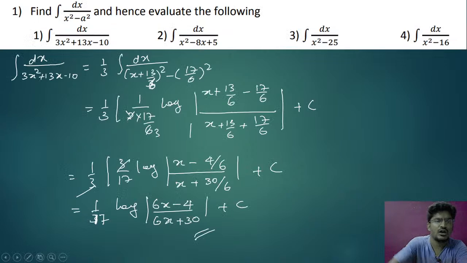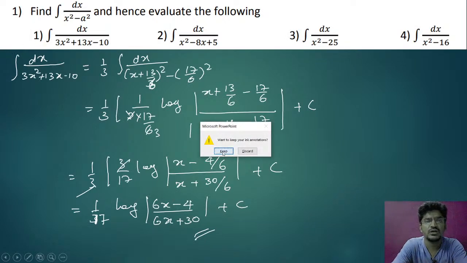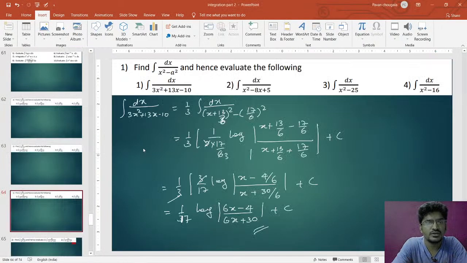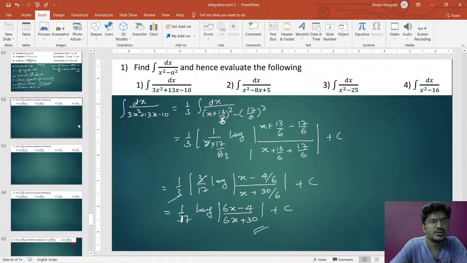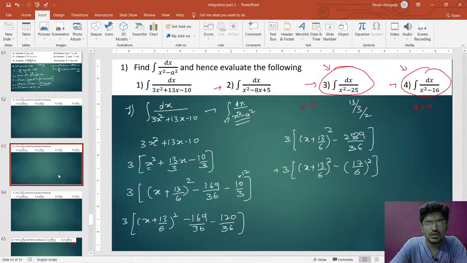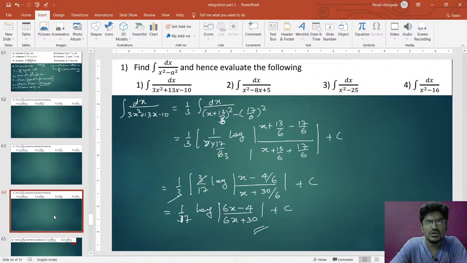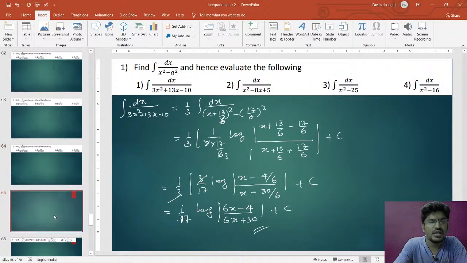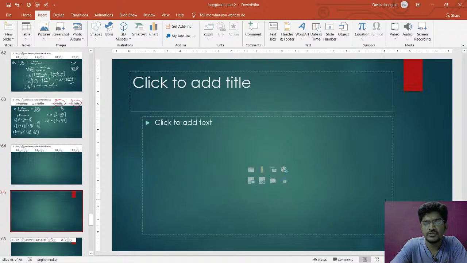I will solve quickly. I will add one more page and I will simplify it. Okay. So you see this. This has been already solved. Here also this has been already solved. Here I will add one page and I will simplify.